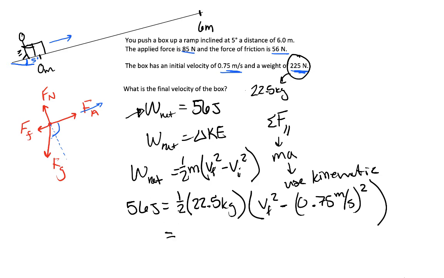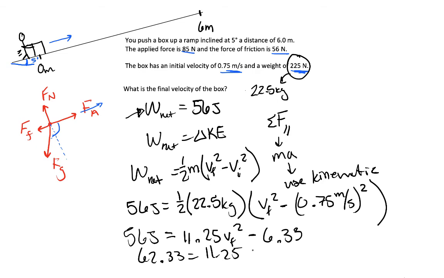There's a lot of math here, so just bear with me. This will be 11.25 times the final velocity squared minus, we square this and then multiply it by 11.25, and we get 6.33-ish for this second term, equals 56 joules. Move this to the other side: 62.33 equals 11.25 times the final velocity squared.